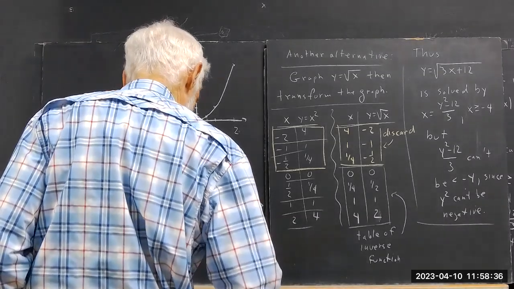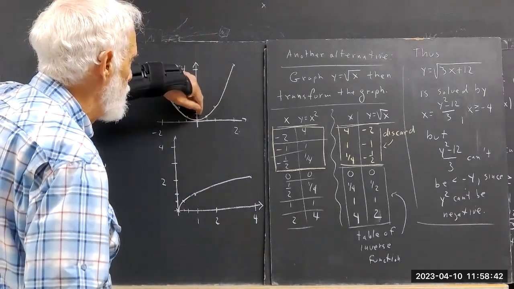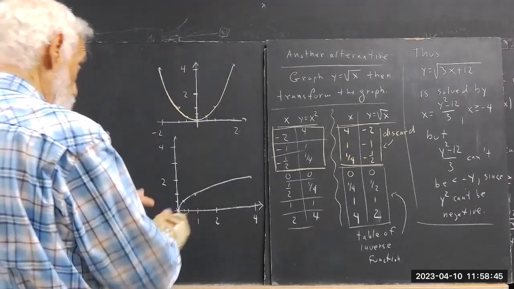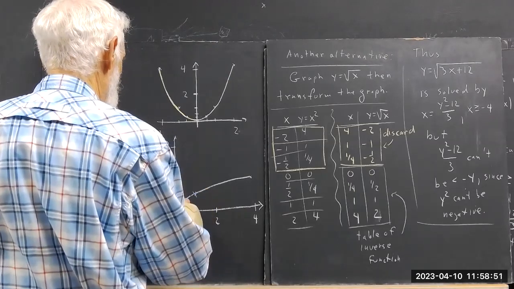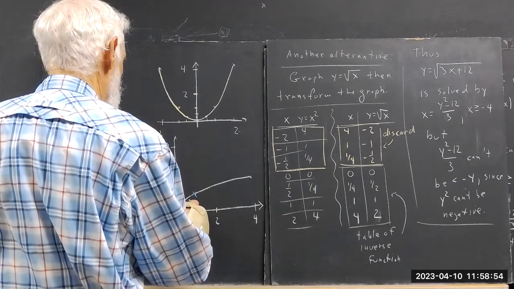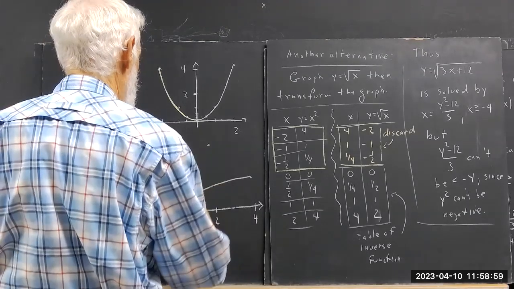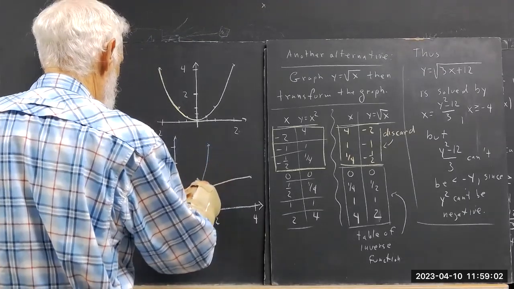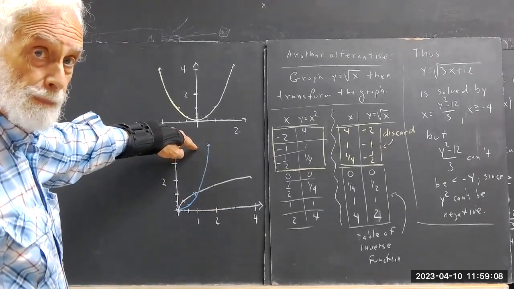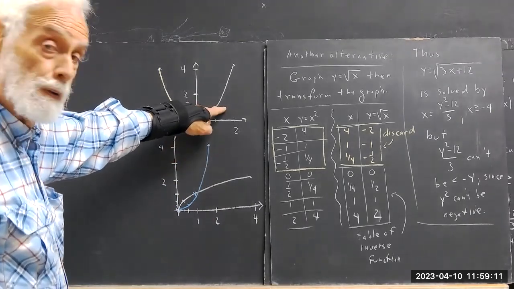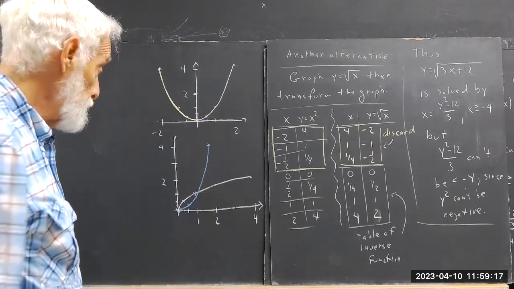I can sketch this part of my x squared graph on this scale. We're going to go through the point 1, 1. Got the point 1/2, 1/4. I got the point 0, 0 and the point 2, 4. So here's my graph of this part of the squaring function. Here's my graph of the square root function.